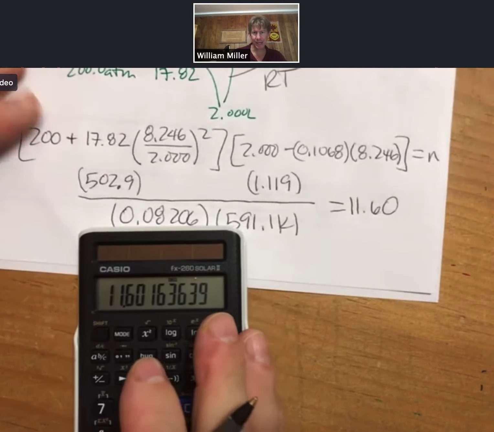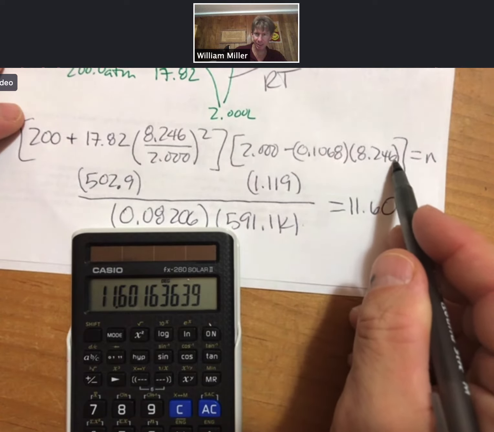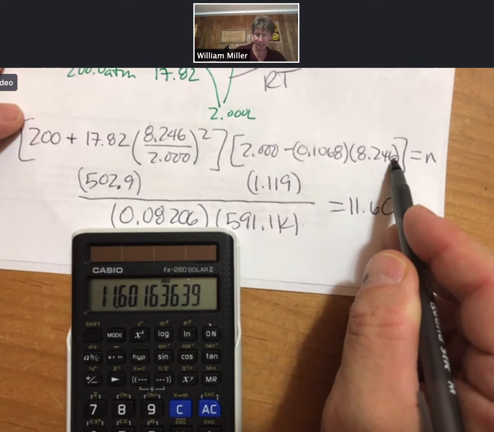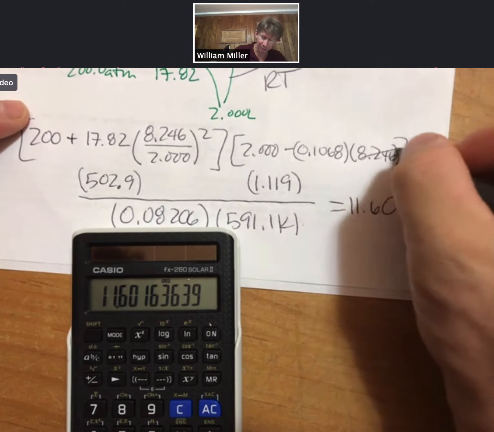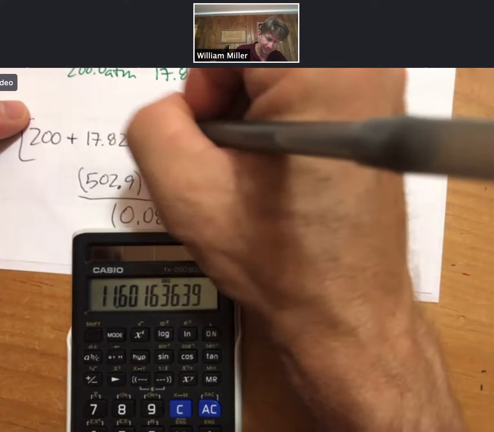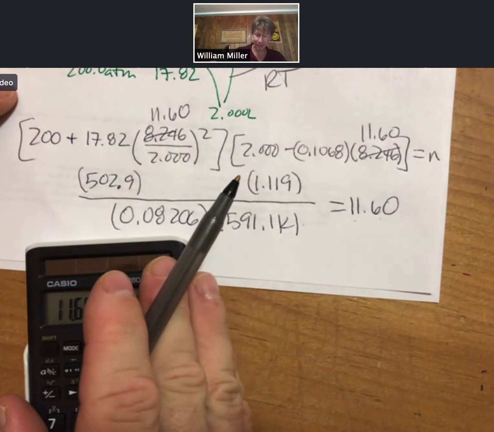Now this is not a true statement, because I put 8.246 in as my moles on the left-hand side and got 11.60 out. Now I'm going to put 11.60 in. That'll be my second iteration.